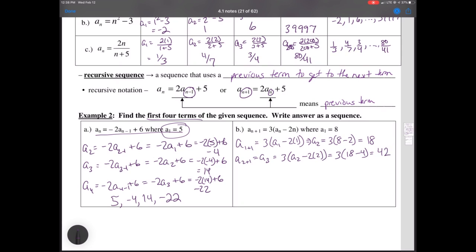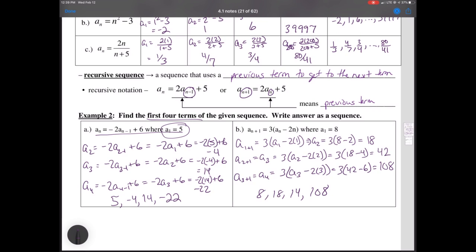So we do the same thing. a sub 3 plus 1, which gives me a sub 4, equals 3 times a sub 3 minus 2 times 3, equals 3 times 42 minus 6, which gives me 108. So my first 4 terms are 8, 18, 42, and 108.